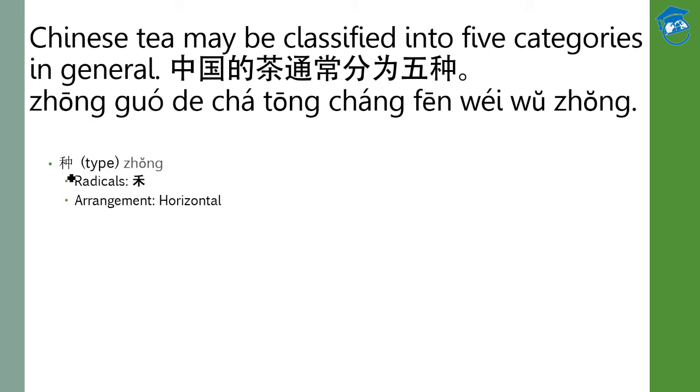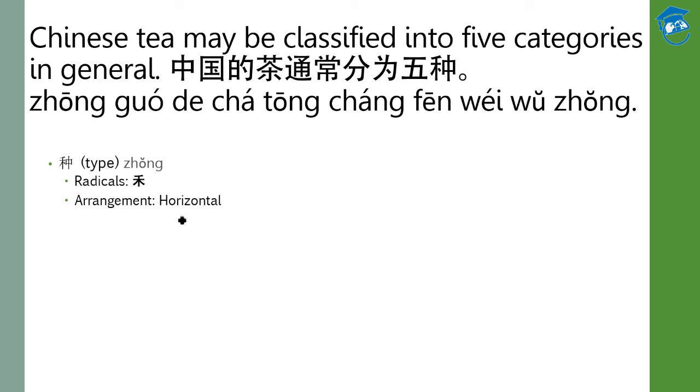This is 种. Okay, 种 means type, like types of things, not the kind of type as in typing new words, but referring to the different types of things. This is the pinyin 种, and the radical is this one, what's on the left there.